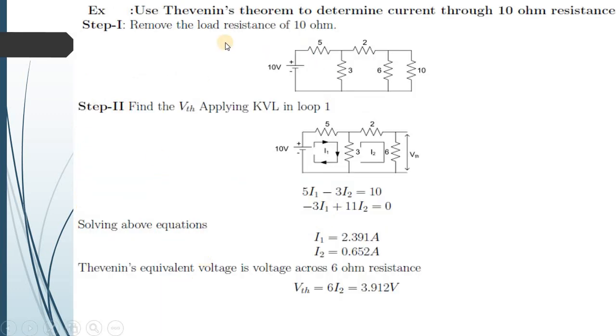Then let us discuss the use of Thevenin's theorem to determine the current through the 10 ohm resistance. First step is to remove the load resistance. So we have to find the current through the 10 ohm, so remove this 10 ohm. Then find out the VTH at that point where you removed the 10 ohm resistance. By applying KVL to these two loops, it is 5I1 minus 3(I1 minus I2) is equal to 10.